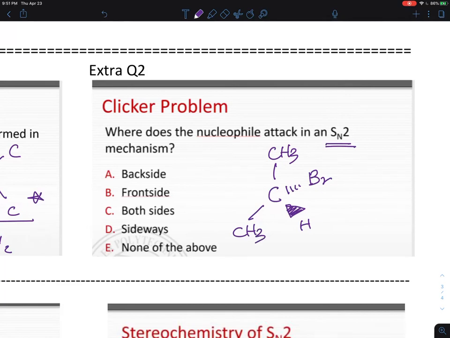What's going to happen is your nucleophile attacks from the back, to give a carbon with the nucleophile forming the bond and the hydrogen still being there. Then you are losing the bromide, bromine minus, here. So what that means is the backside is where the reaction is going to happen.